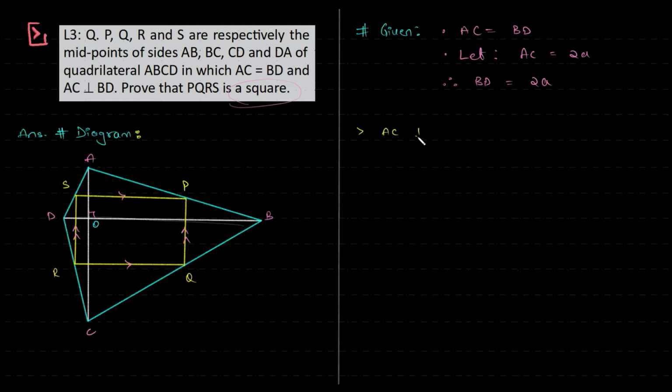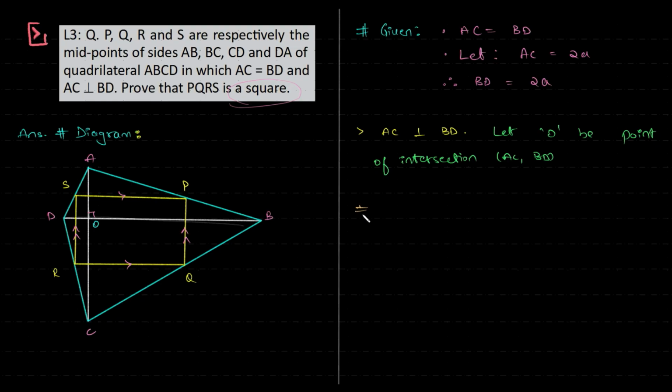Next, AC is perpendicular to BD. Along with this, we'll consider, let O be the point of intersection of AC, BD. Anything else?